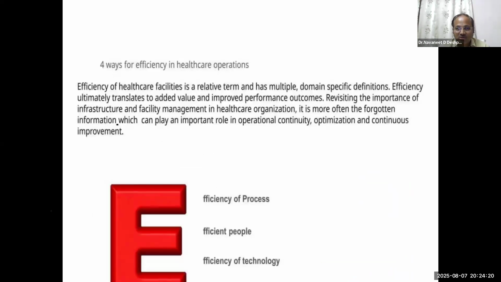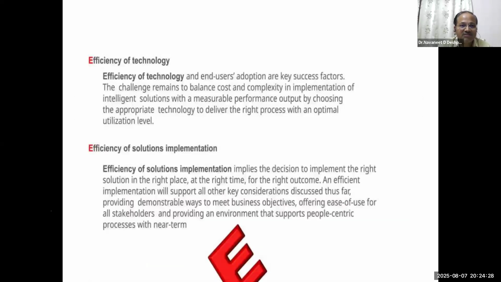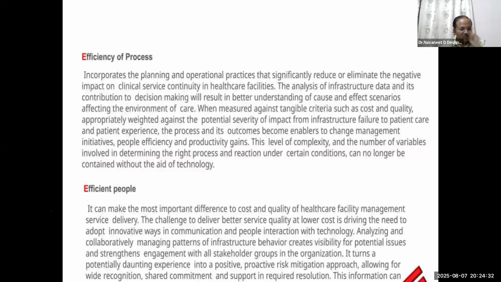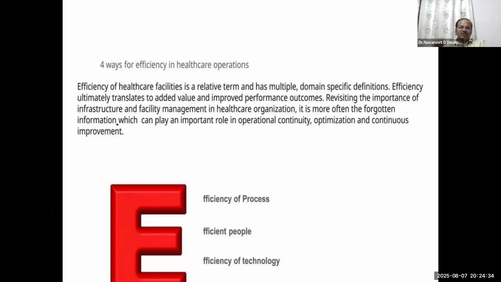So to put it in a short way, one has to have four ways of efficiency. I don't know, I missed one. But then, efficiency of resource solutions implementation. Okay, so first one, efficiency of process, which we all discussed now. Efficiency of the people, which we have been discussing for so many years, in terms of improving the people's skills and making them multitask people.